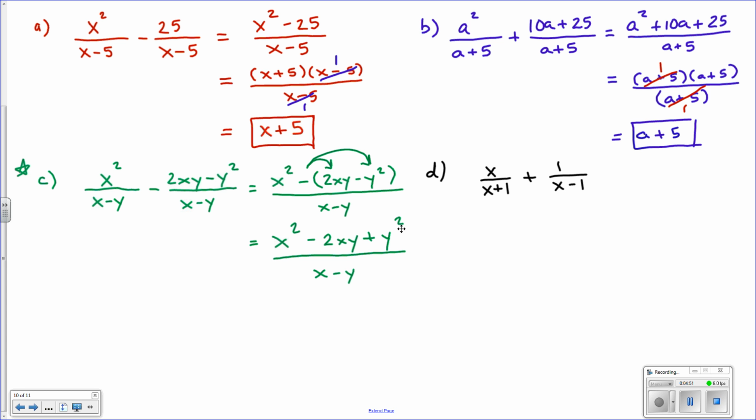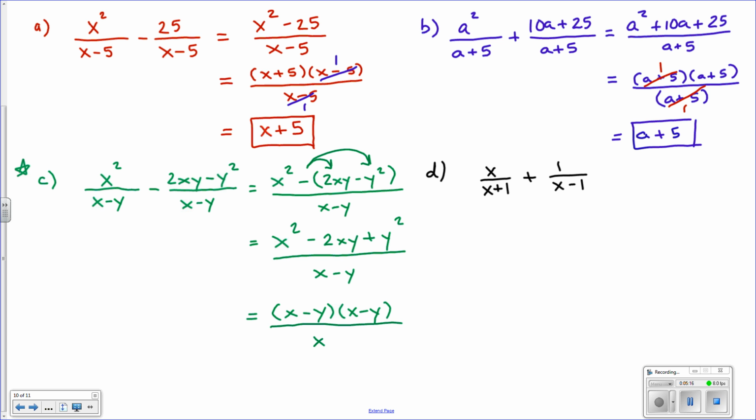Now this is going to actually end up factoring here, and you can factor it out using the box and diamond if you want to, or if you can figure it out without that, that's great too. We have x minus y times the quantity of x minus y. This is actually a perfect square trinomial.